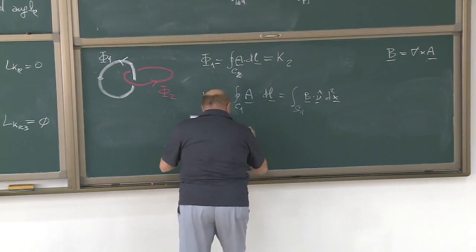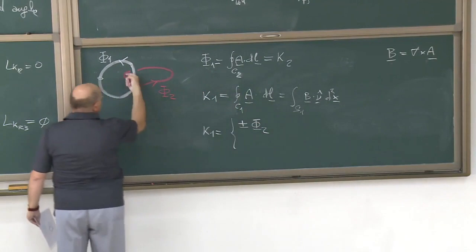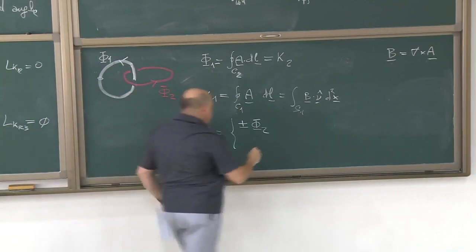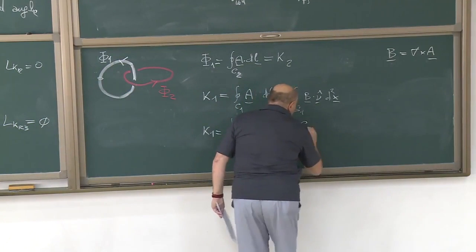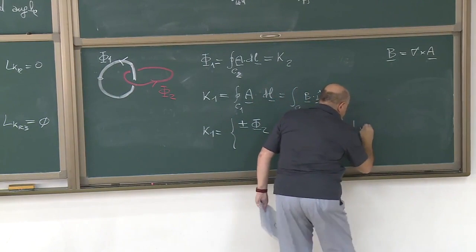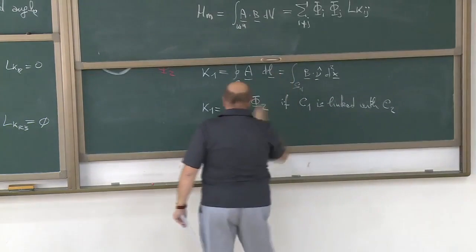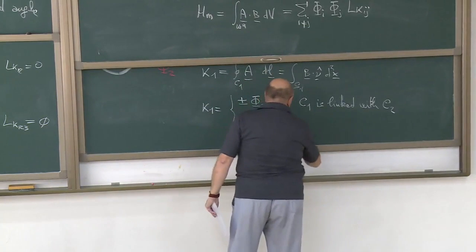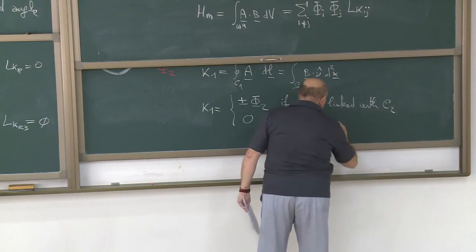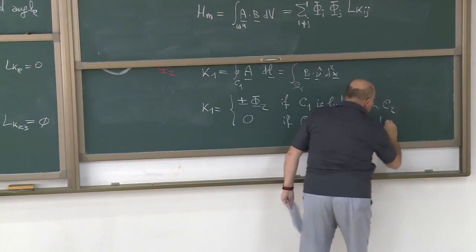K1 is plus minus phi 2 if C1 is linked with C2, and is 0 if there is no link, if C1 is not linked with C2.